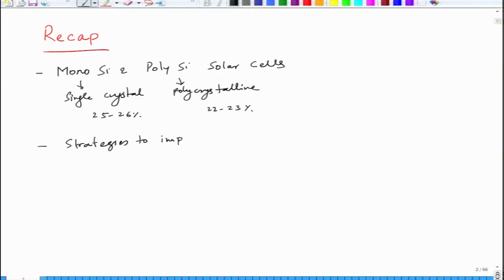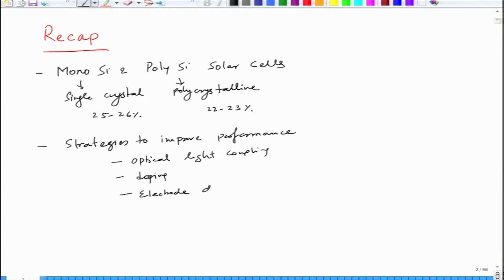to improve performance, which are basically also design criteria. So, first was to improve the optical light coupling, then we need to control the doping, electrode design, surface recombination reduction, use of anti-reflection coatings, and so on and so forth, and you can say here buried contacts.